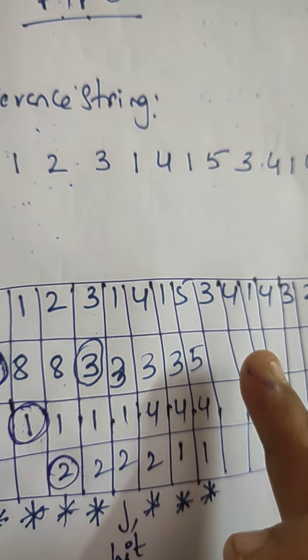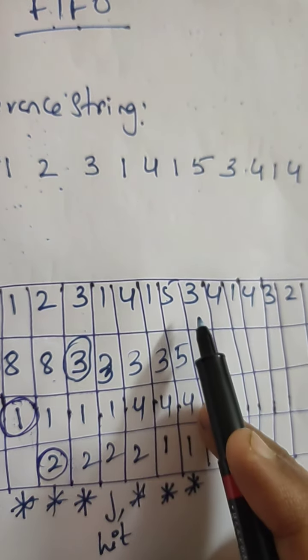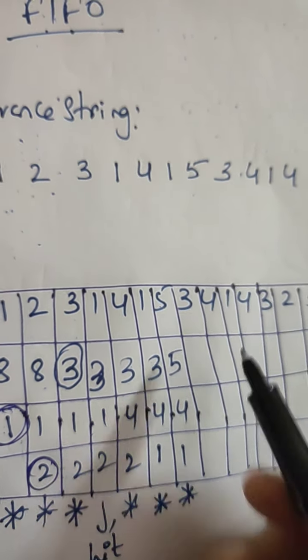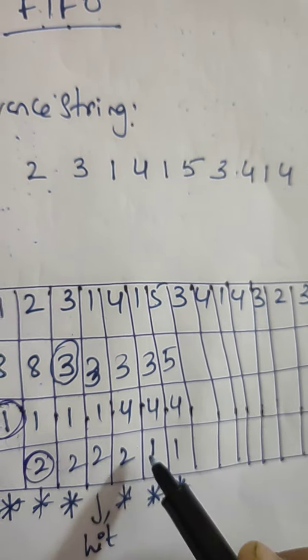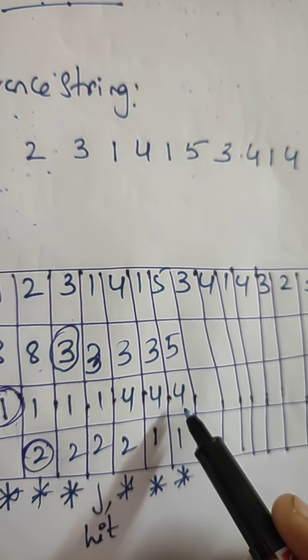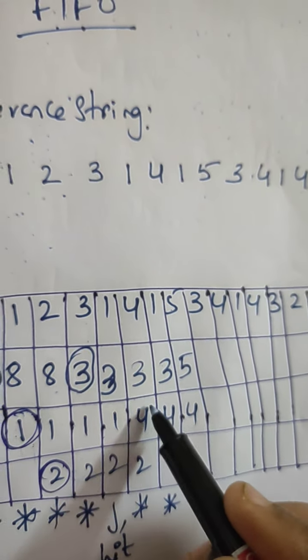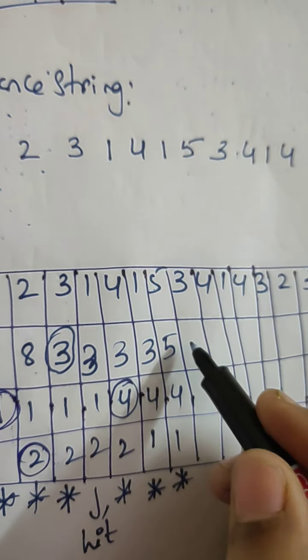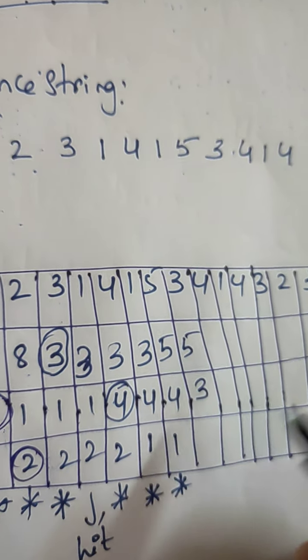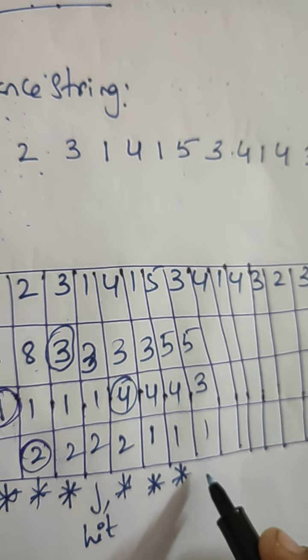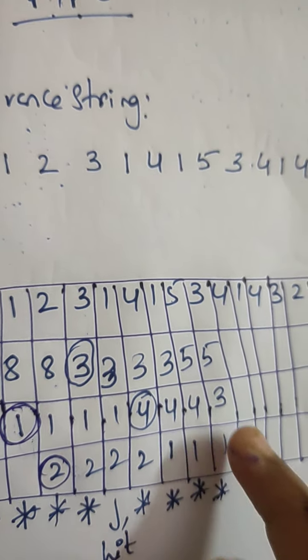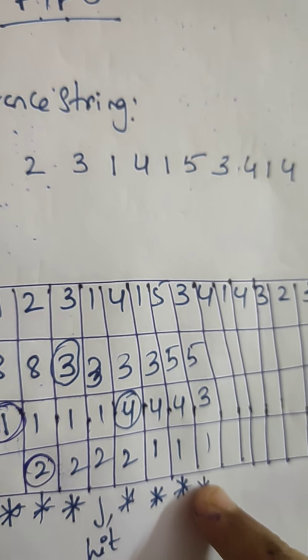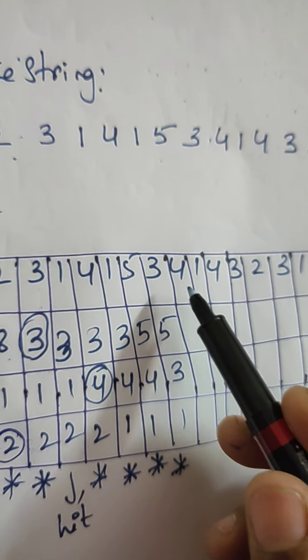Okay, next is the third page. After 3, the 4 has been entered, so in the place of the fourth page add 3, so it becomes 5 3 1. Next page is 4.